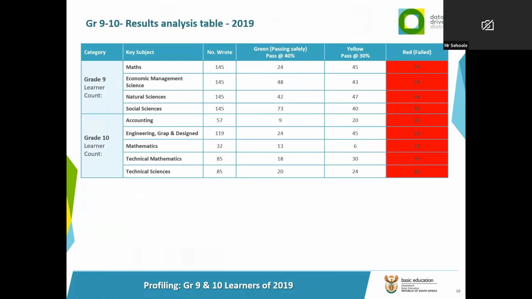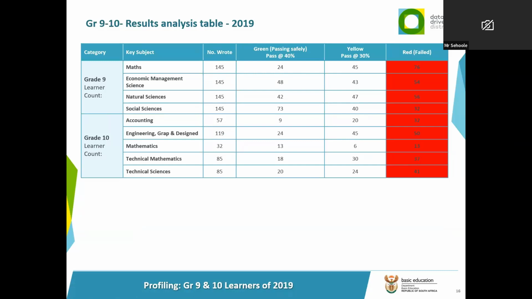And these are the numbers, that means the total number of learners. And then you can see the learners on the grid passing safely at 40%, 24 out of 145. We've got 45 learners who are at risk, 76 learners who are not performing at all, who failed. So it was a worrying factor that the key subject is underperforming.